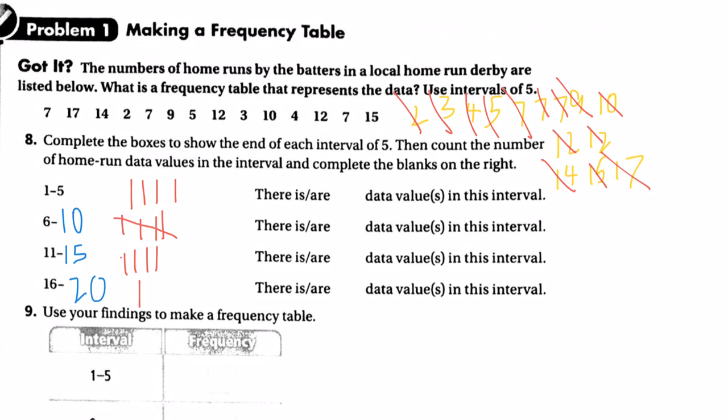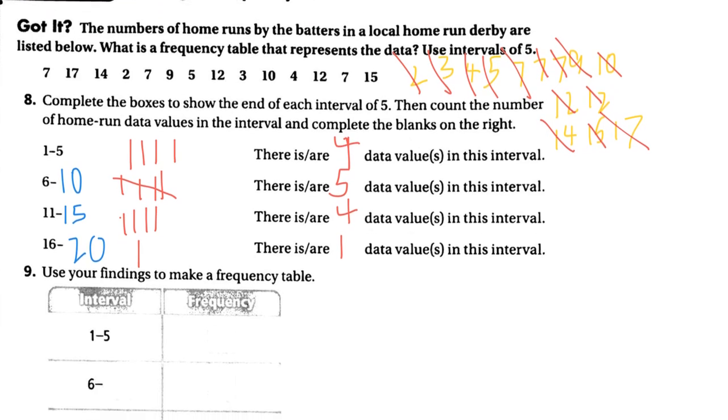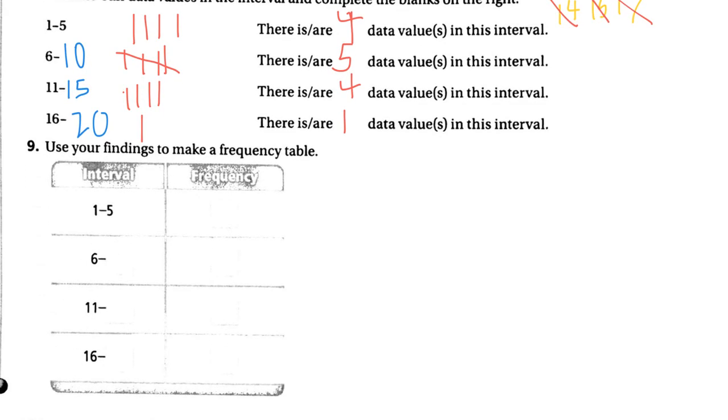Then, after you tally them up, you're going to count the total. In the first one, from 1 to 5, I have 4 data values. From 6 to 10, I have 5. 11 to 15, I have 4. And 16 to 20, I have 1. So if we scroll down and use this data to put it into a frequency table, you can see over here on the left, we have the interval, and on the right, we have the frequency.